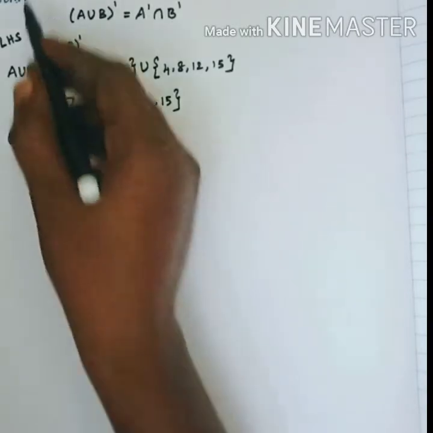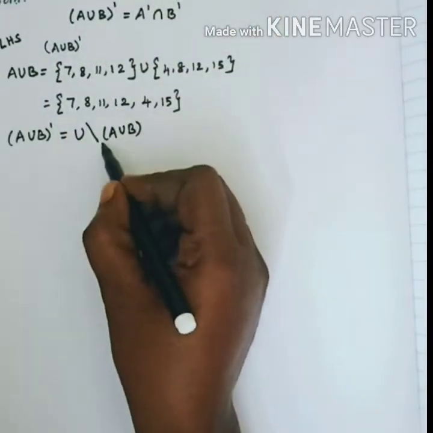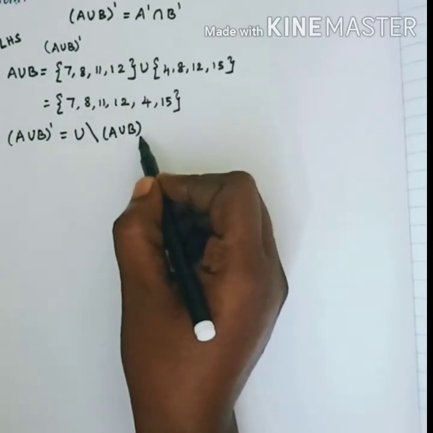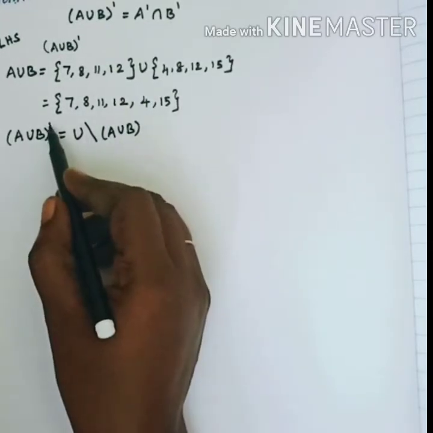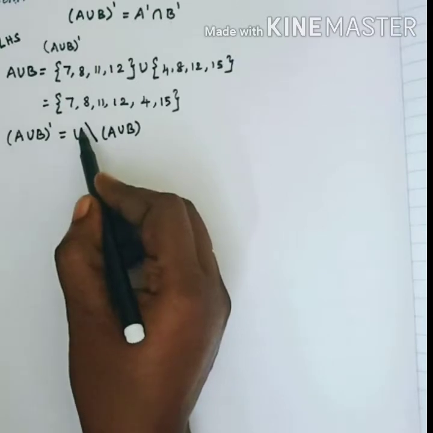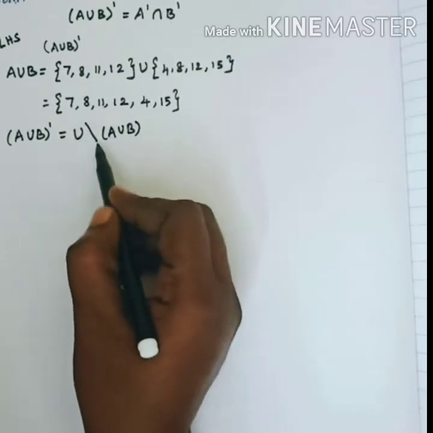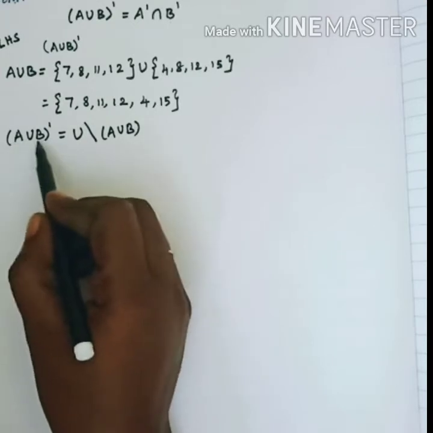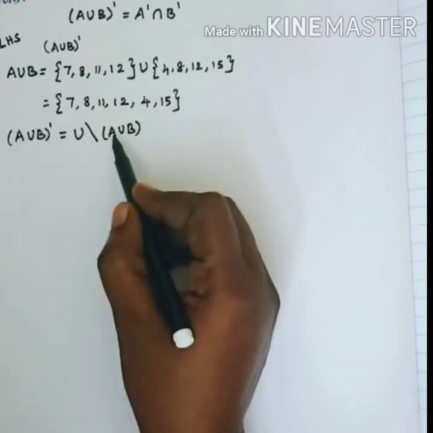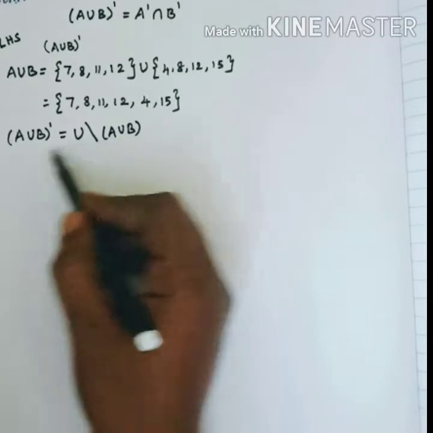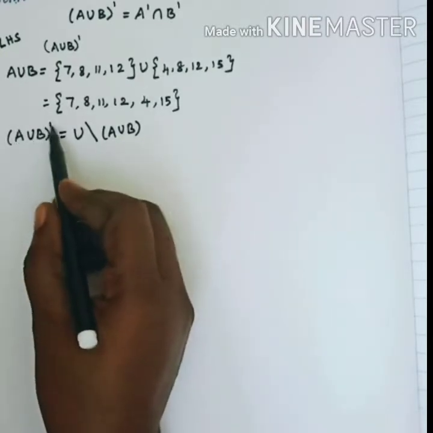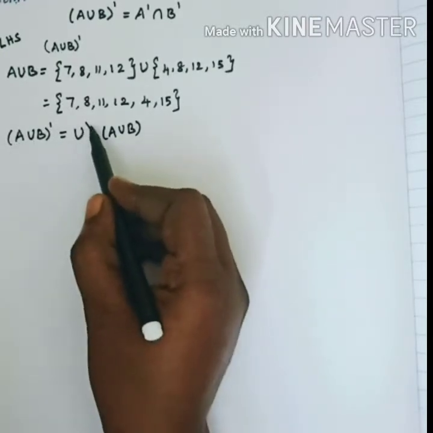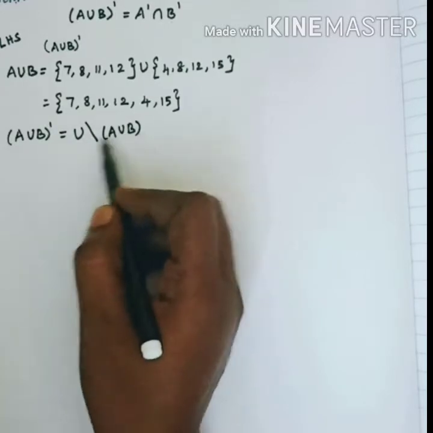U means universal set. So whenever this dash comes, you have to write U, the universal set, then slash, then a bracket, and inside the bracket write the elements of A union B. So (A union B)' is equal to U slash (A union B).